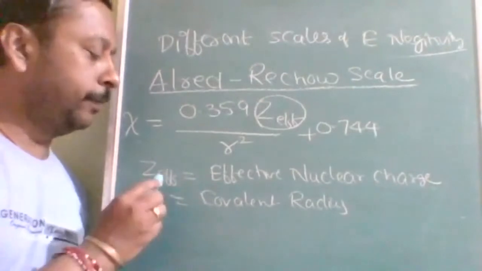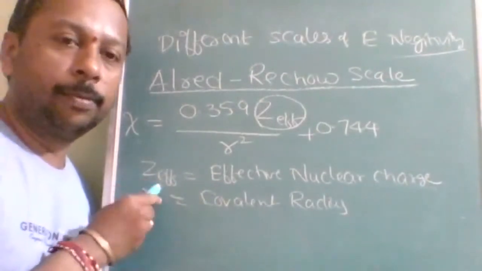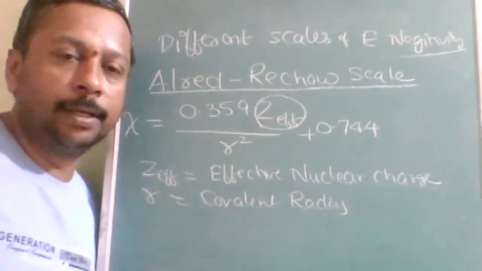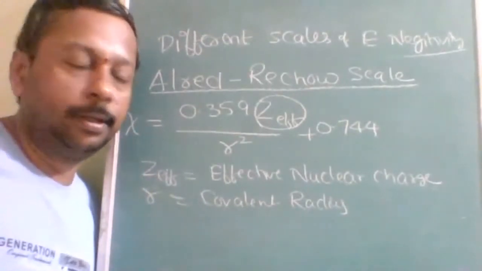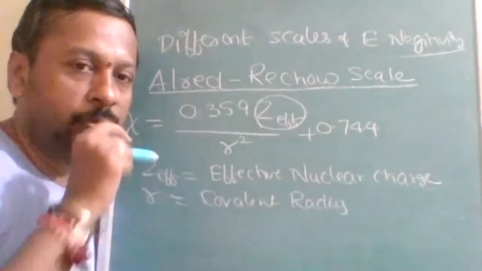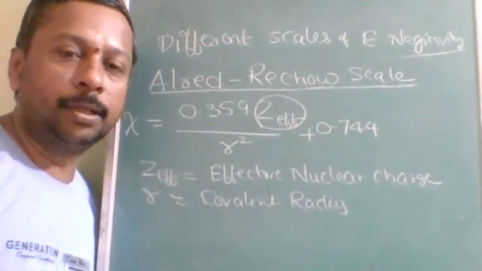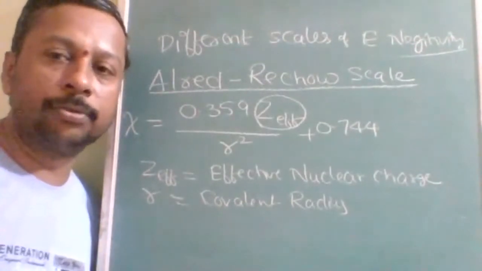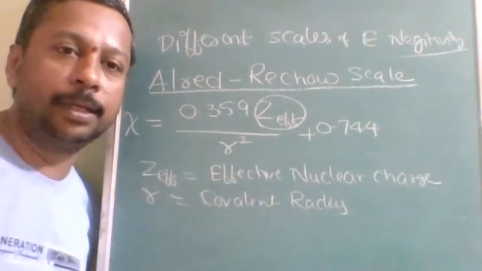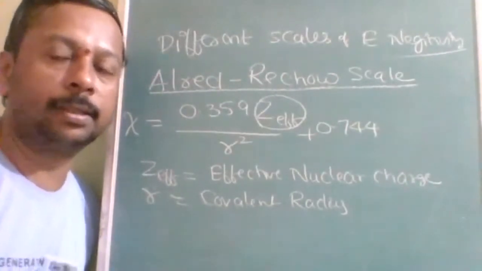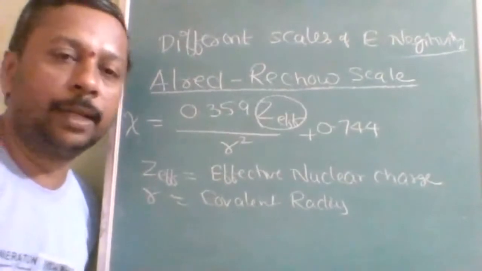Okay, here Z effective is the effective nuclear charge, because atomic number is the number of protons. You can write effective atomic number or effective nuclear charge, but effective nuclear charge is the better term, because you are going to study one more effective atomic number in coordination complexes, in second year, 12th class.